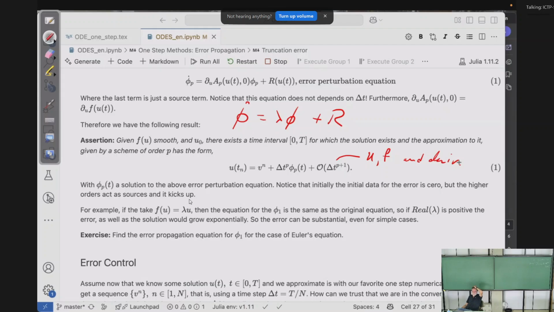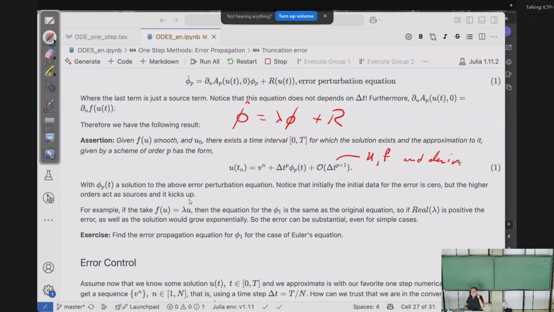The error will be big. Can you estimate the time t for which this error estimation works? No, what you do in practice is something else. We will see now. To compute these things you need to know the solutions, and you don't know them.